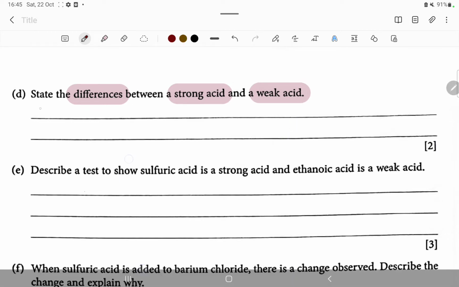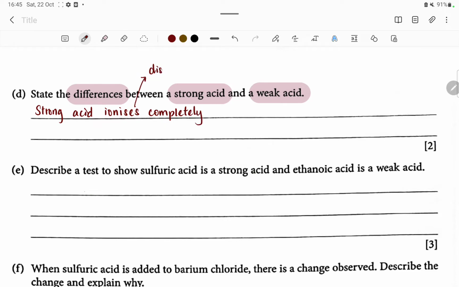Strong acid, they will, okay, let me write. Strong acid ionizes completely, or you can say dissociates in water to form large amount of hydrogen ions.